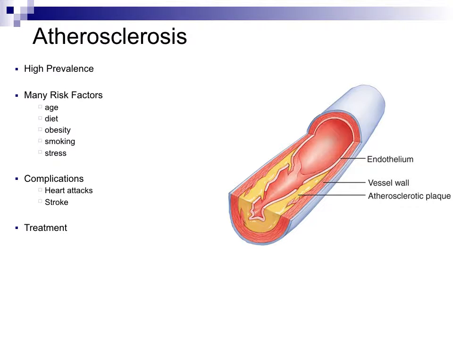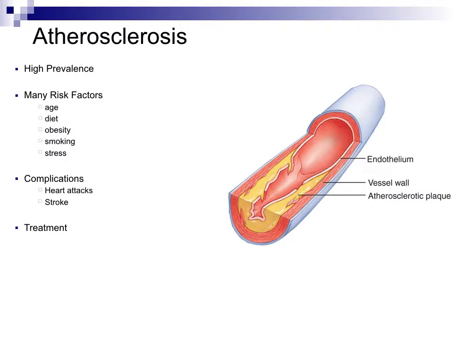And so atherosclerosis is kind of similar to hypertension. There's not a lot of symptoms until late in the game. And so as people get older, they start having these plaques deposited in their arteries. And this is particularly a problem for people that have diets that are rich in saturated fats and cholesterol. So red meats, dairy products.